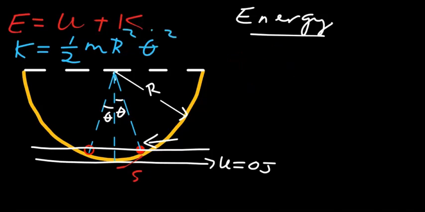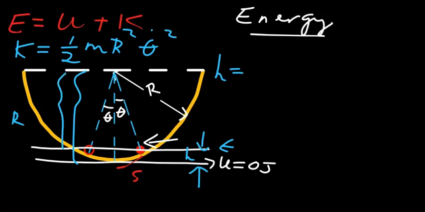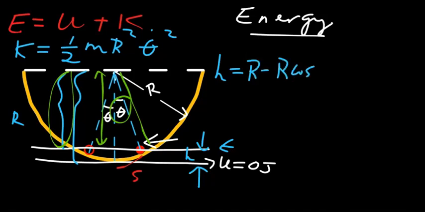Now let's look at the gravitational potential energy. When the object is at this height, namely h, we have to first compute h. H from the diagram equals this entire distance, which is r, subtract that distance. This distance equals r cosine theta from trigonometry. So h becomes r minus r cosine theta.